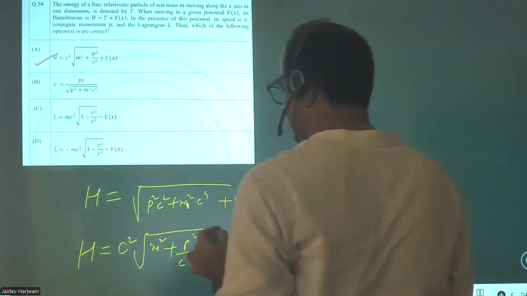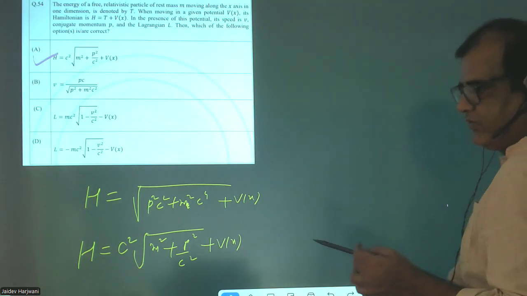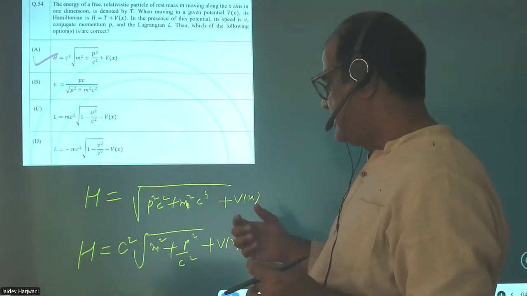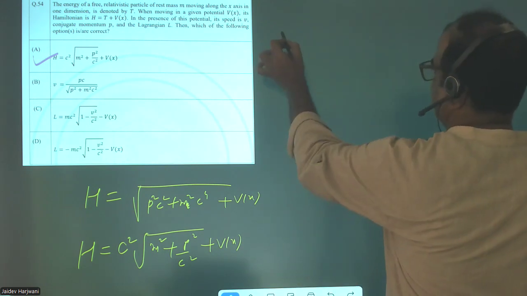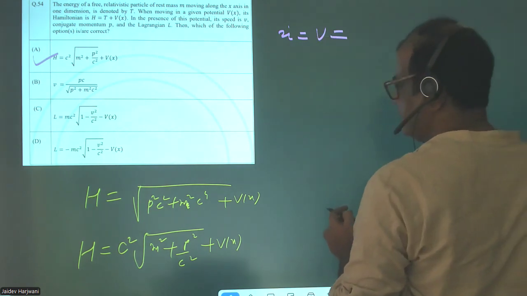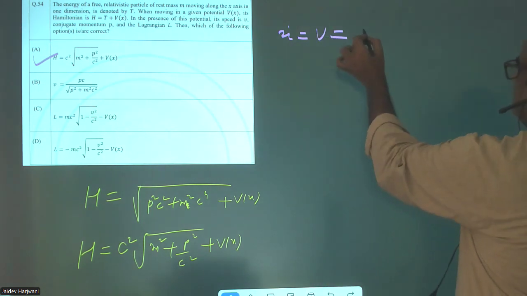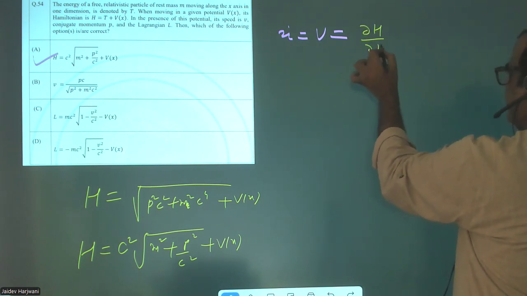Now let us find the Lagrangian, and before that, let us find x dot, that is v, which is equal to del H upon del p.